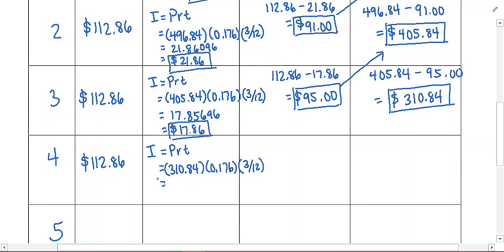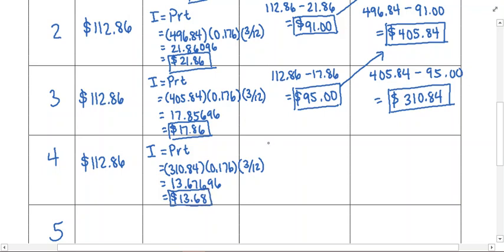This is going to give us 13.67696. Put it in the calculator, round to the nearest cent. So $13.68 worth of interest has accrued.